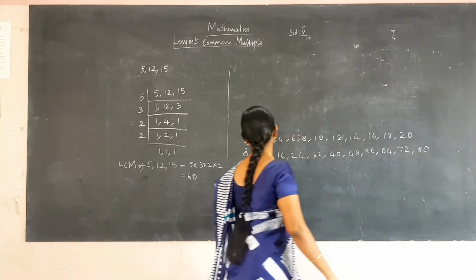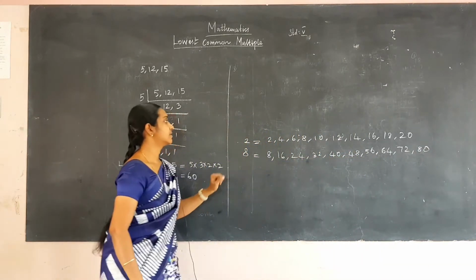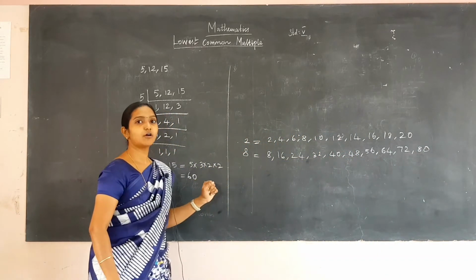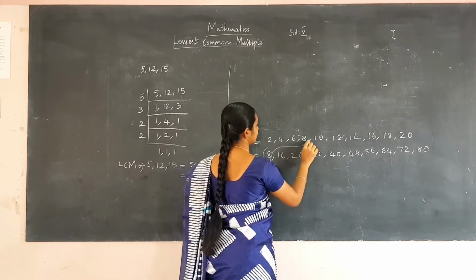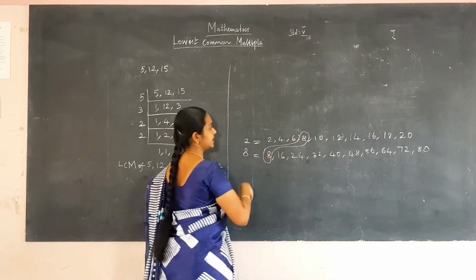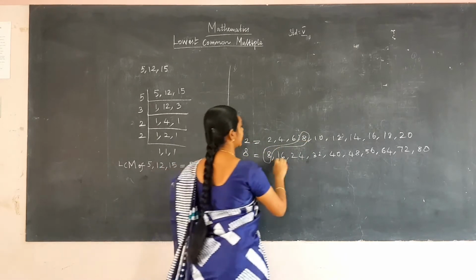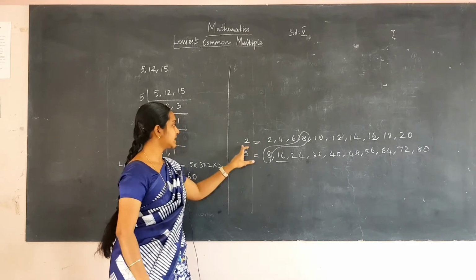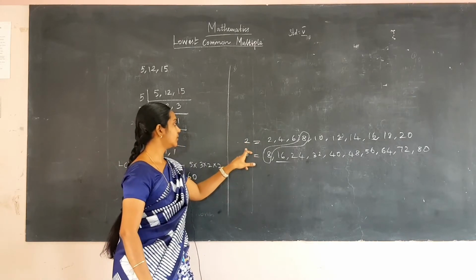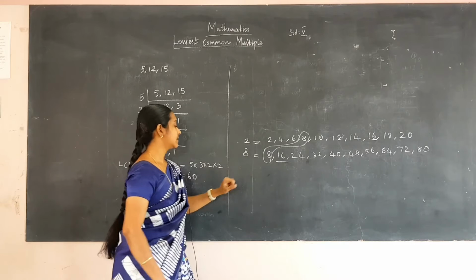I have written multiples of 2 and 8. Find the common multiple. 8 is common here. Again 16 is common. But the least is 8. So, the LCM of 2 and 8 is 8.